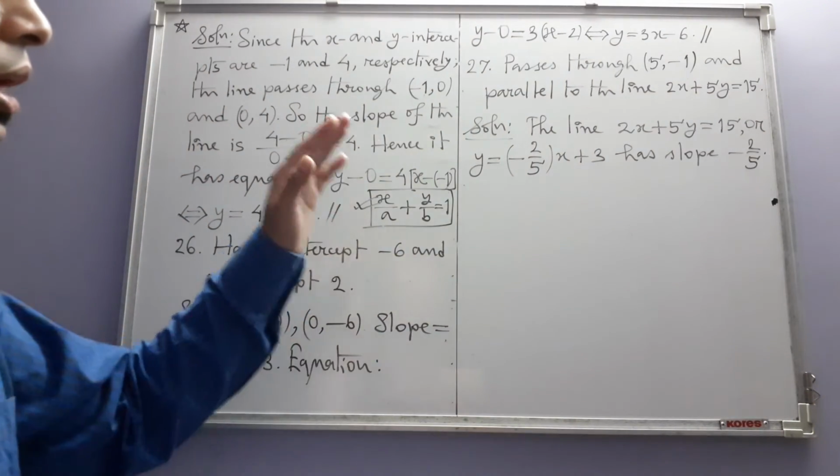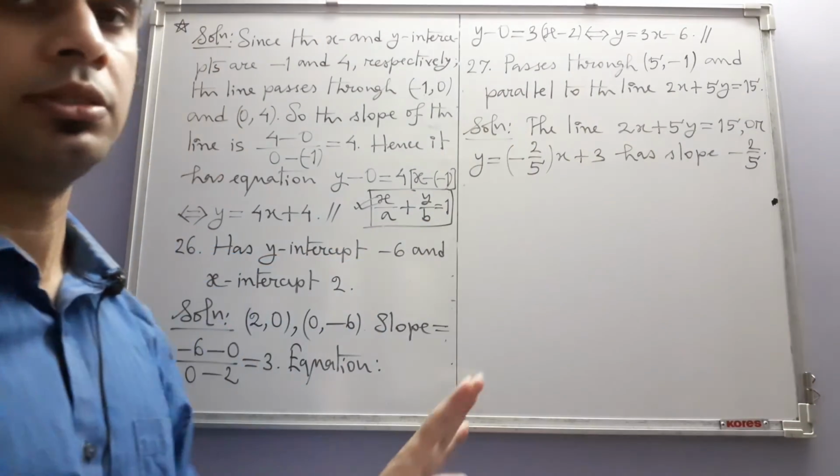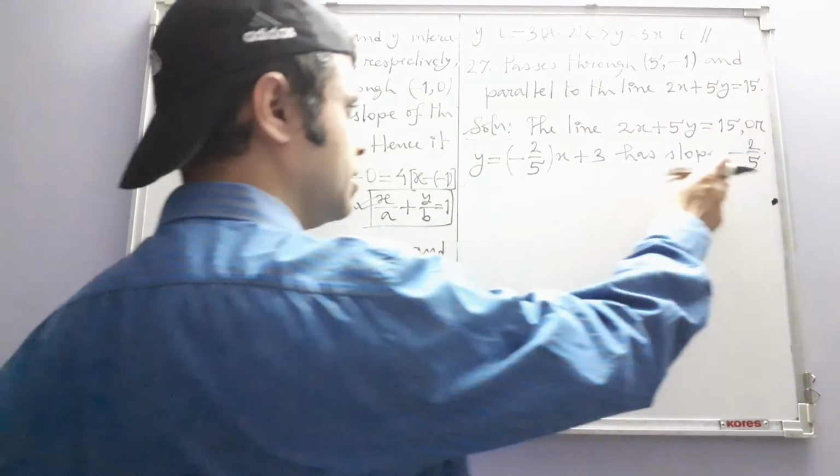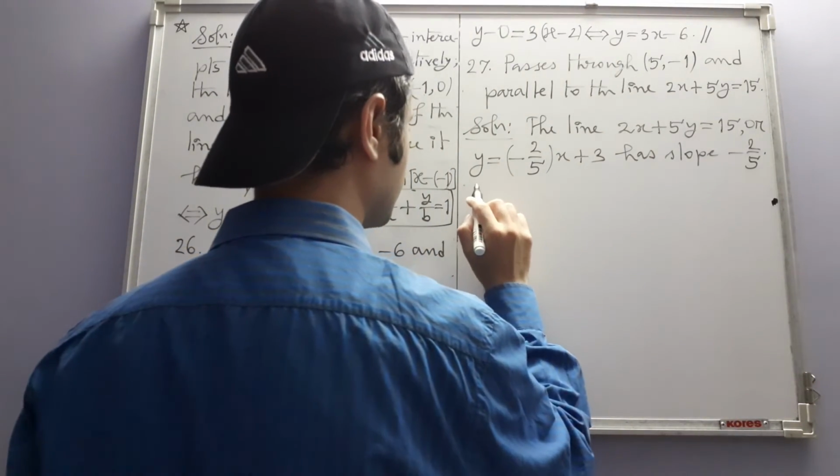Now since our line is parallel to this line, our line will also have this slope. So that's how we get the slope of the line, and it has to pass through this point.